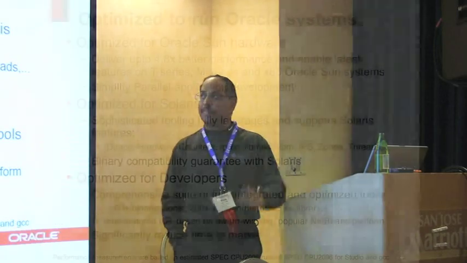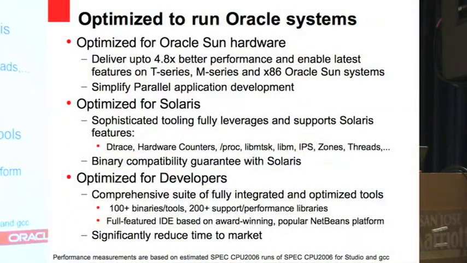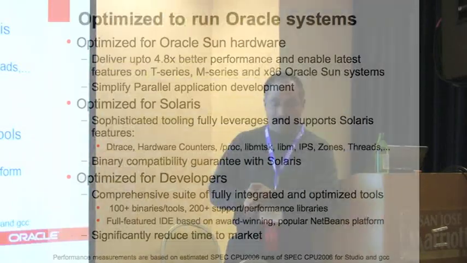So there's a couple of things that we should talk about here for Studio. The primary purpose behind having our own set of compilers, our own set of debuggers, our own set of profiling tools is that they add value to Sun systems and to Oracle's own properties. Key among them is, so there are three things. They're optimized for Oracle Sun hardware.